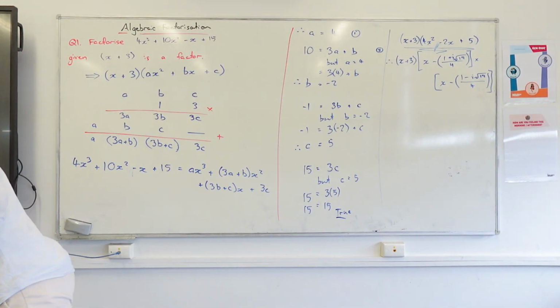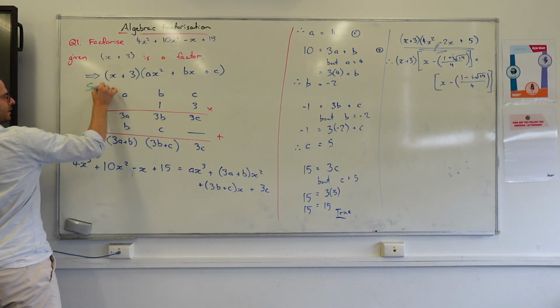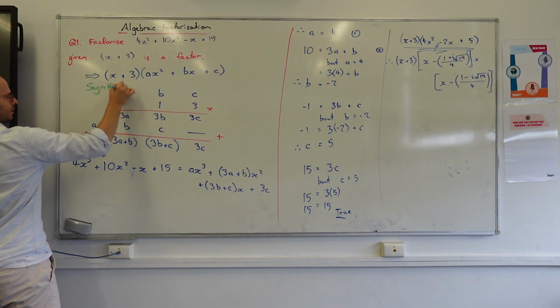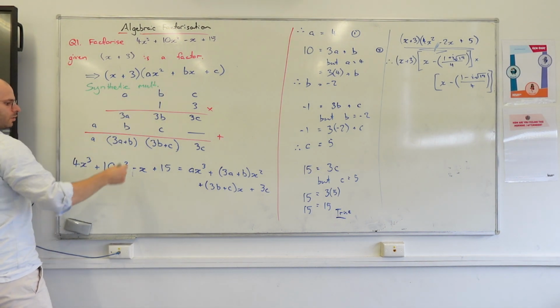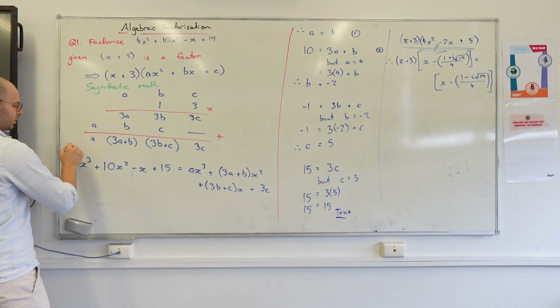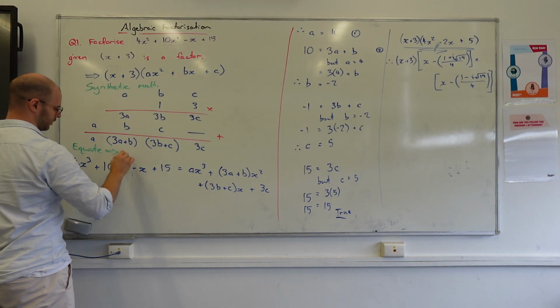So the method we employ in this case is synthetic multiplication, just to make this go quicker. Then we equate to go by inspection.